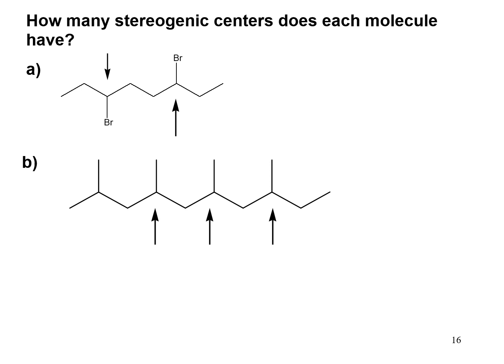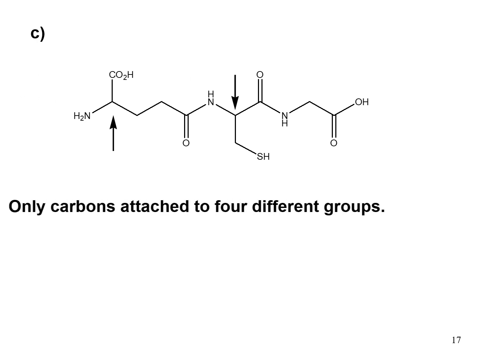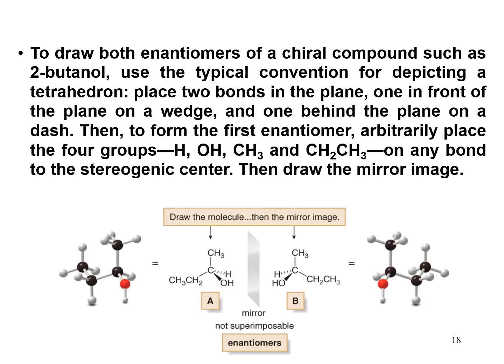This one has a second, and again a third stereogenic center, therefore 2 to the power of 3, which means 8 stereoisomers for this compound. This one has one stereogenic center, and this is another, so it has 2 stereogenic centers, meaning 2 to the power of 2, which is 4 stereoisomers.